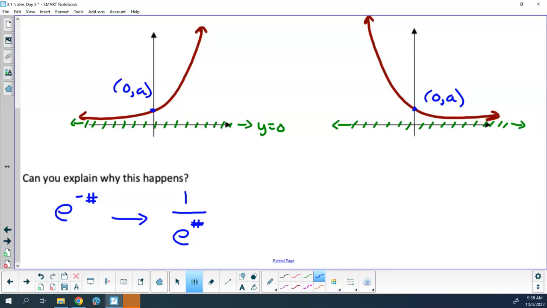And now that fraction is between 0 and 1, which means decay.